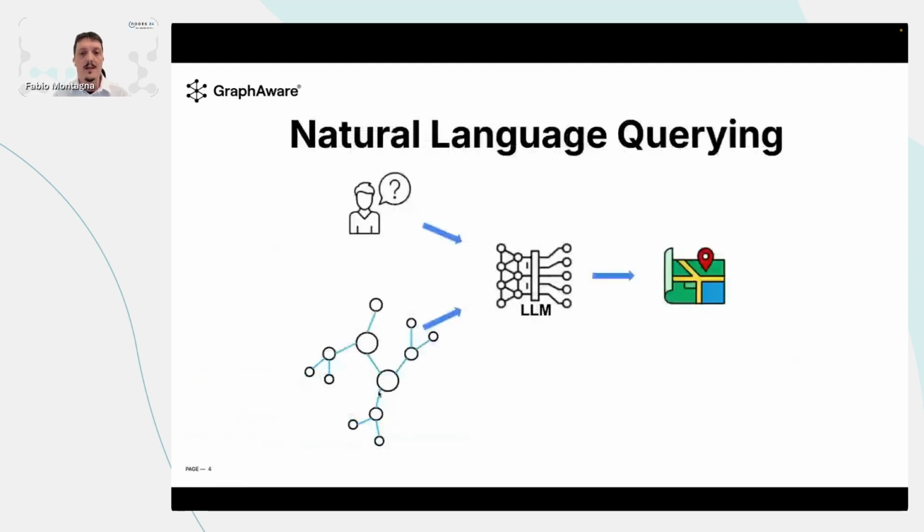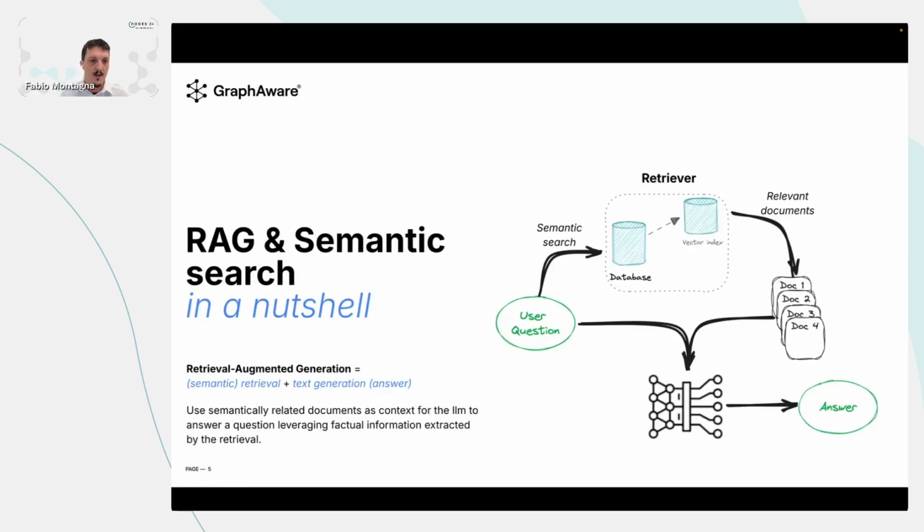So before diving into how we believe is the best way to tackle the problem, let's see how these question answering systems are built today. The most widespread approach these days is RAG, Retrieval Augmented Generation. The idea behind RAG is that not every question can be answered by LLMs alone. If I ask who I have to call in my company to get a new printer, for example, the LLM cannot give me an answer because they don't know about my company.